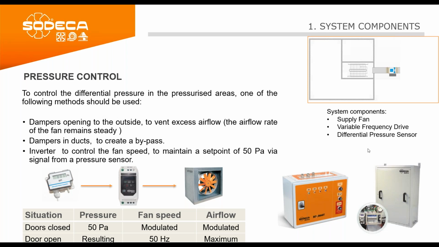Here on the screen, you can see on the right-hand side the different components. For the moment, we have the supply fan. In our equipment, we have the variable frequency drive and the differential pressure sensor. And we will add different components step by step.